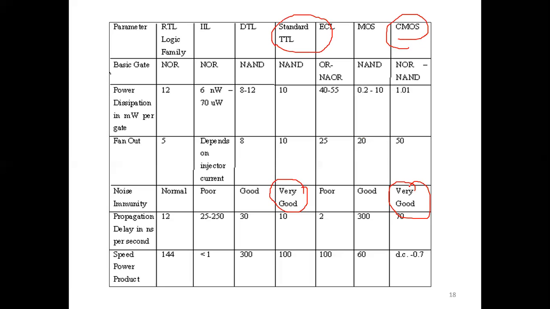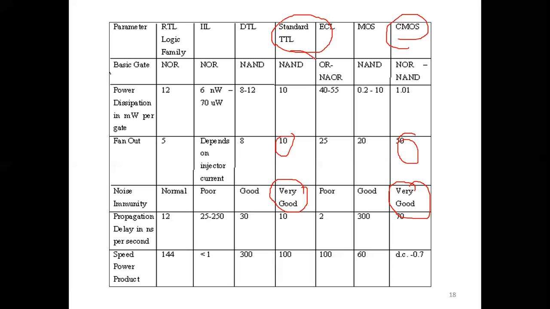Without noise immunity performance, the output will not be in the correct logic levels. So most consumers select the standard TTL logic and CMOS logic. Fan out is also high for these two.